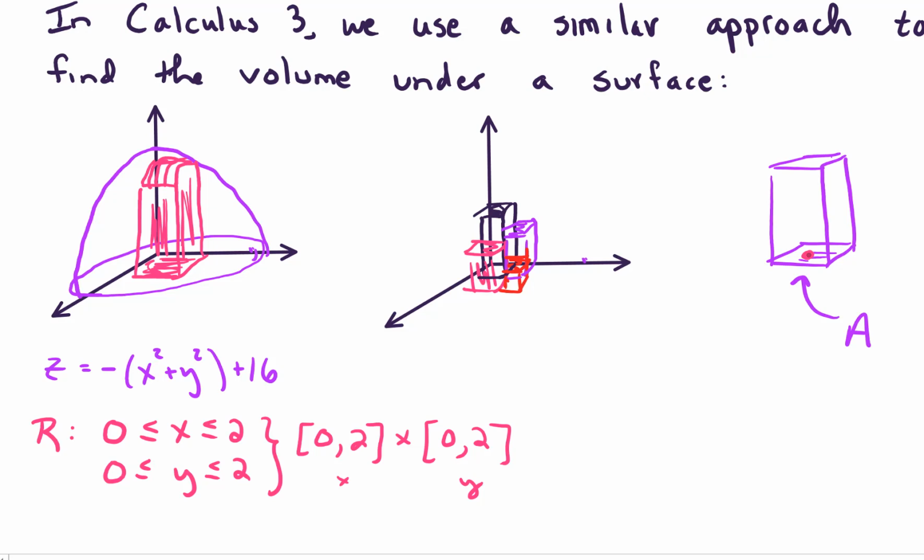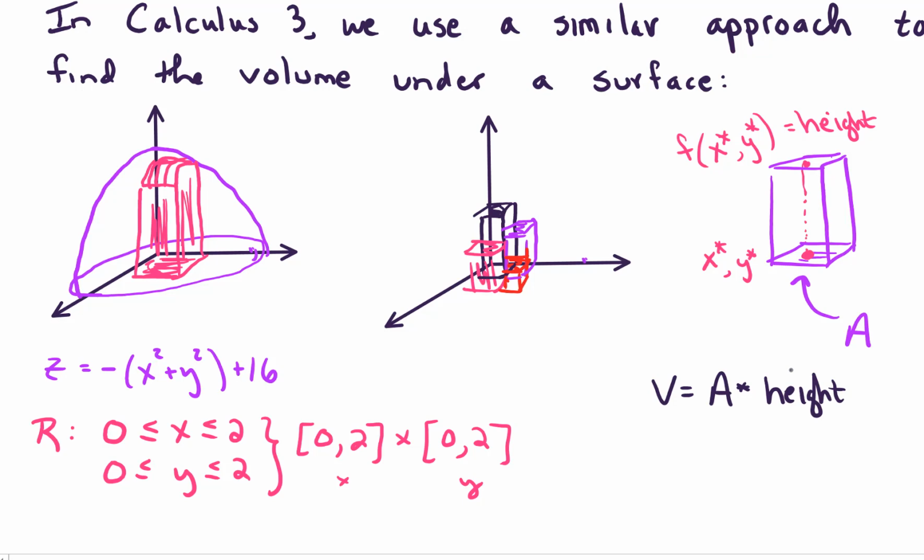We'll call that point x star, y star, and then we'll apply the function to it, and that will give us the height. And so we'll be in a good position to figure out the volume, whereby the volume equals the area of the base times the height.